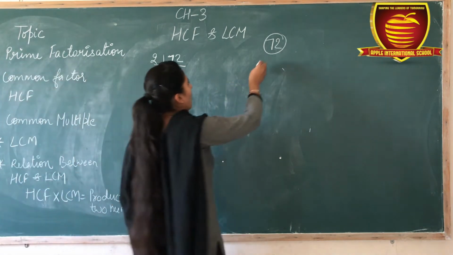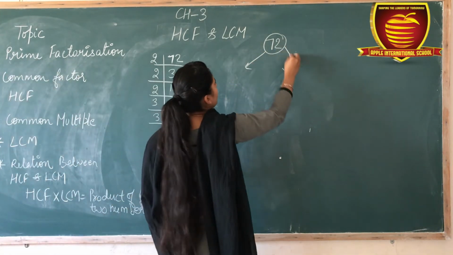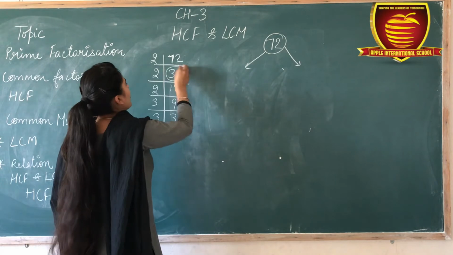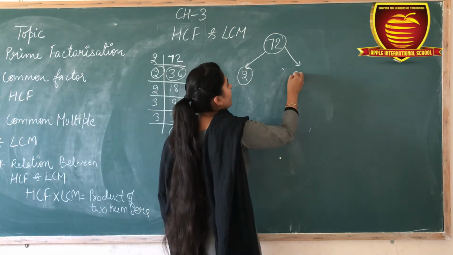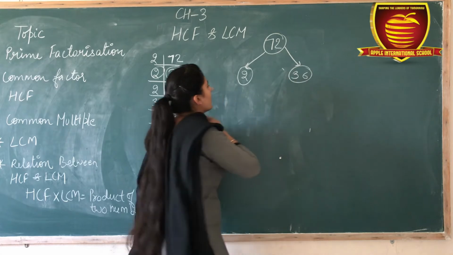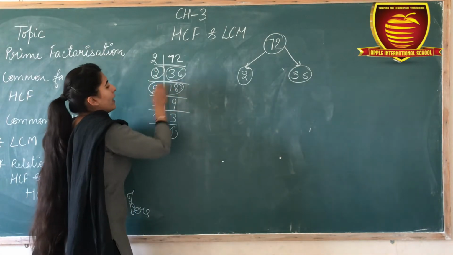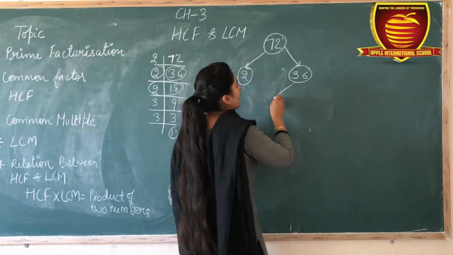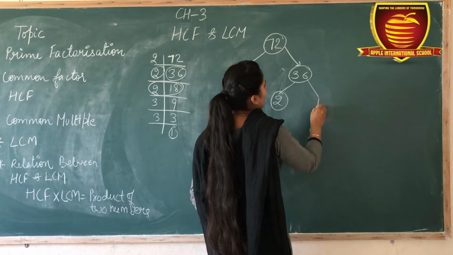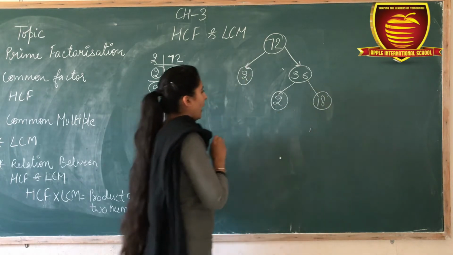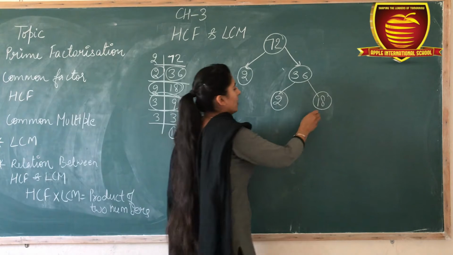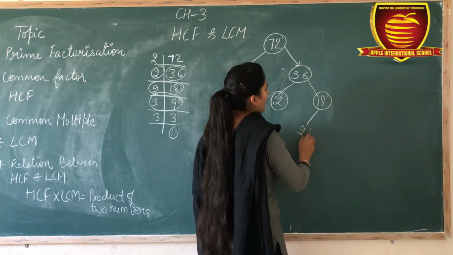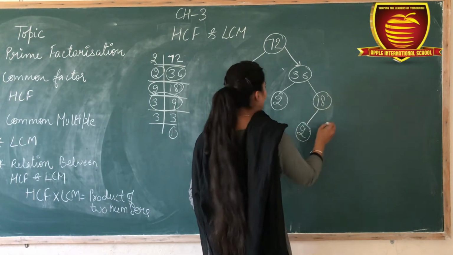Now the tree method. The first factors are 2 and 36. Now 36 is divided into 2 and 18. 18 is divided as 2 and 9.